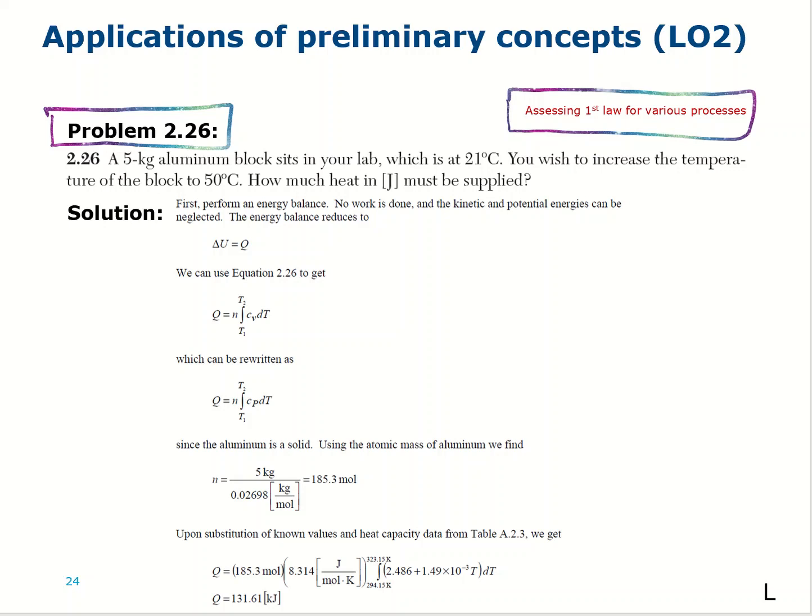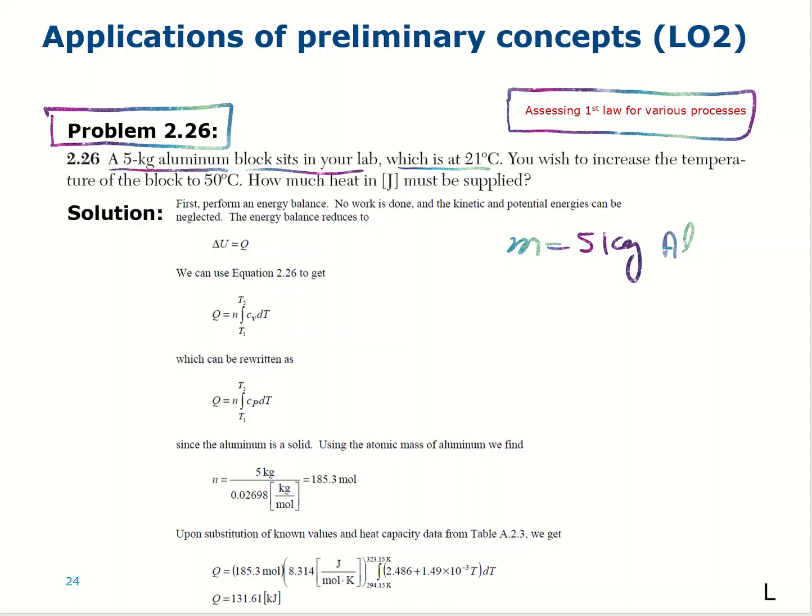All right. I hope you have gone through this statement, which is a 5 kilogram aluminum block. Mass is 5 kilogram of aluminum. The block sits in your lab, which is at 21 degrees Celsius.